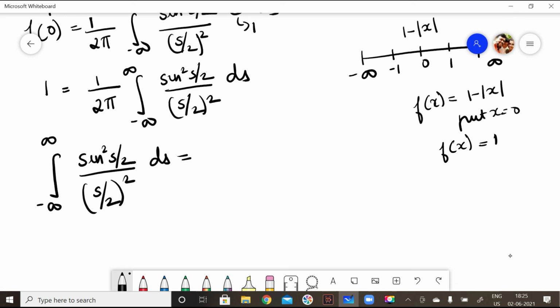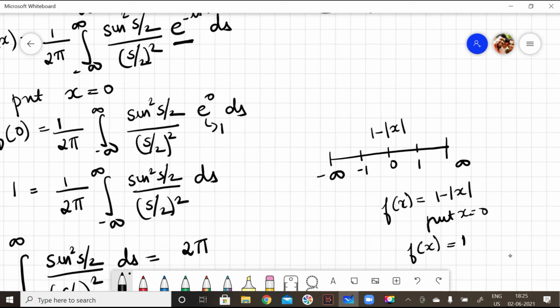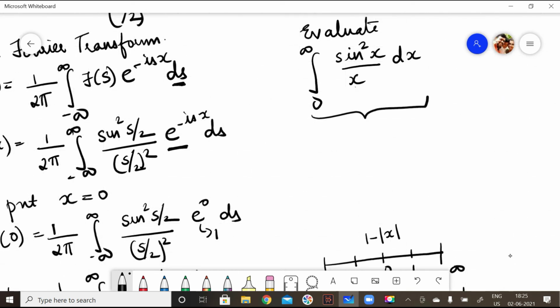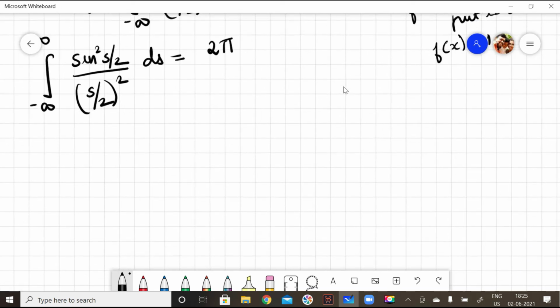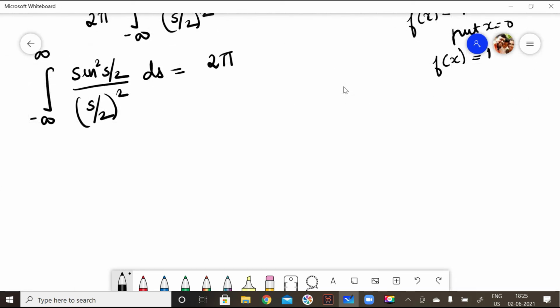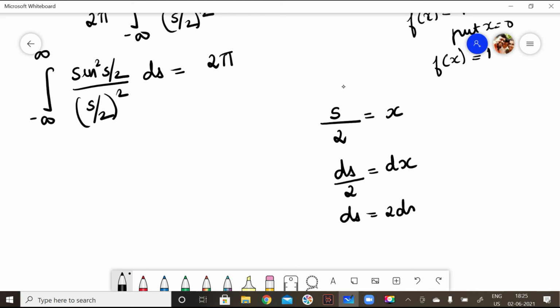I take this 2 pi to the top. Okay, so now look at the question: the integral from 0 to infinity of sine square x by x. I have sine square x, but instead of x, what I have here is s by 2. So s by 2 is equal to x. Similarly, differentiating, ds by 2 is equal to dx, so ds is equal to twice dx.